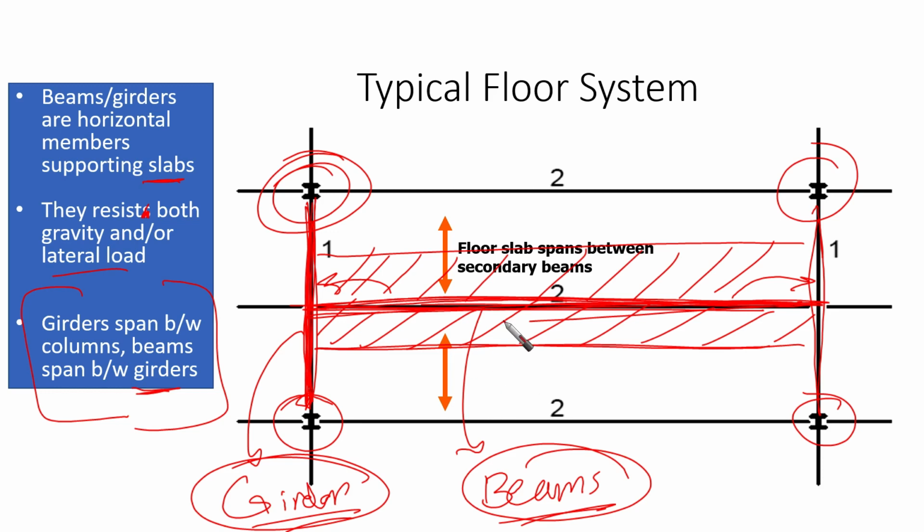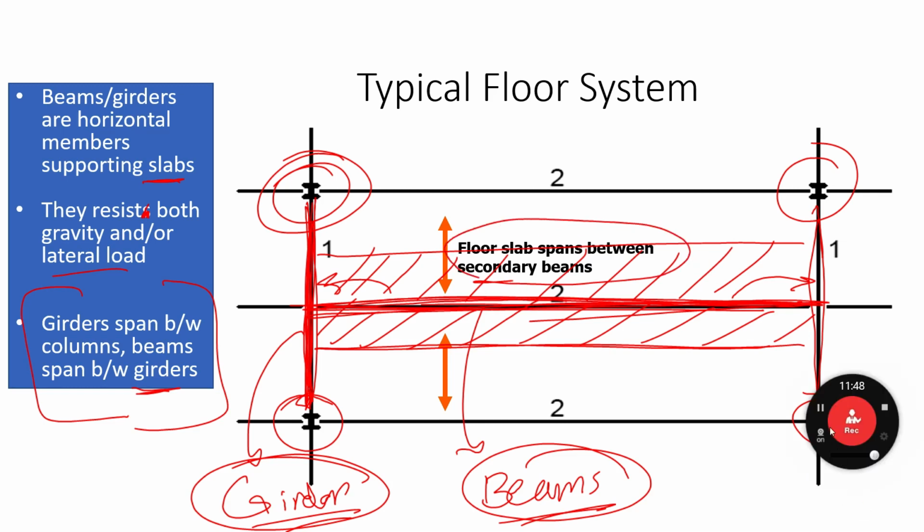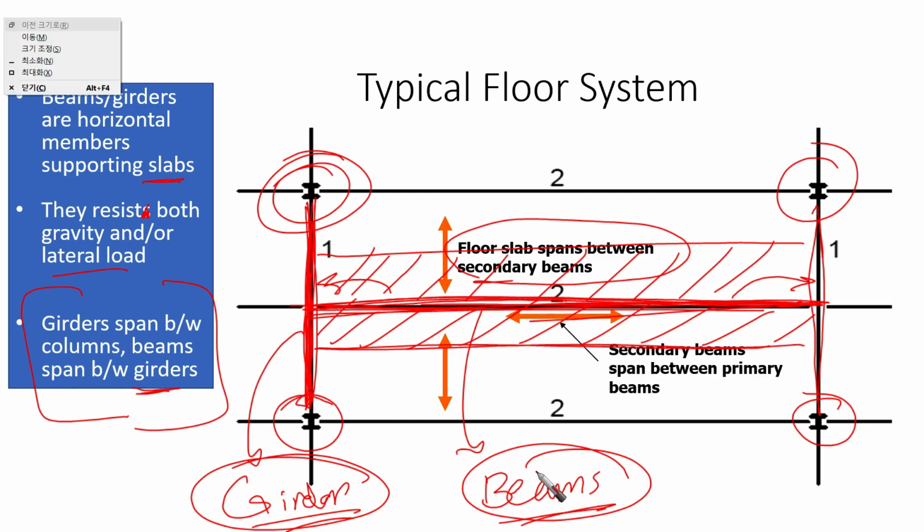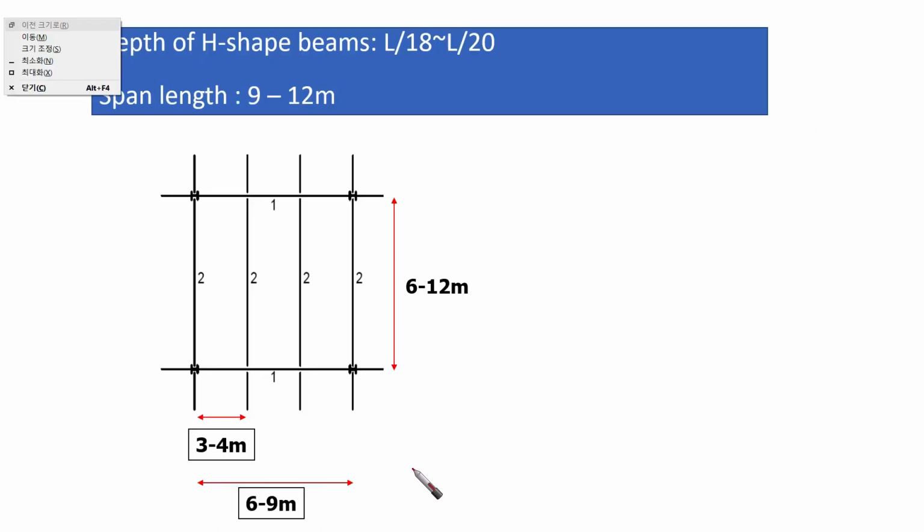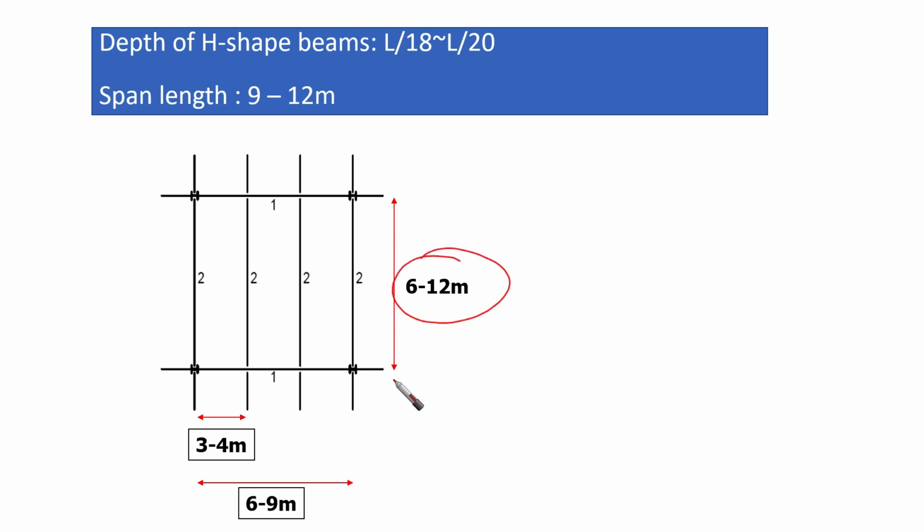This is how the floor slab spans between secondary beams as we put it here. And this is the primary beam. Commonly the length of the beams ranges between 6 to 12 meters.